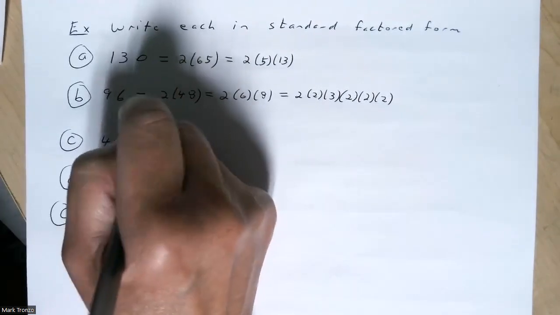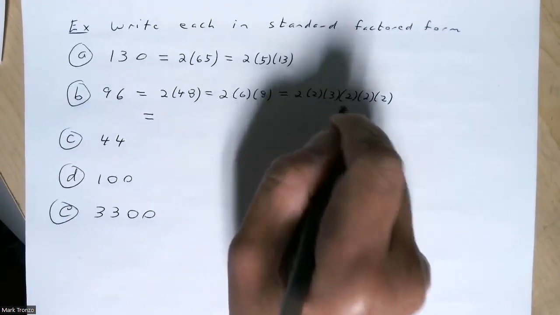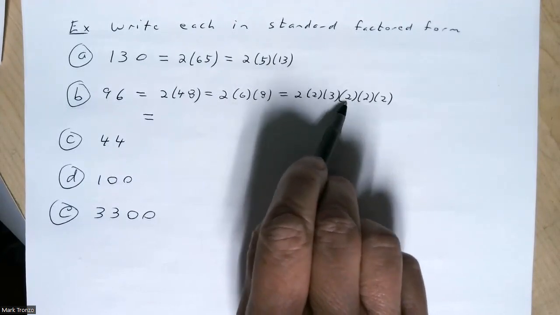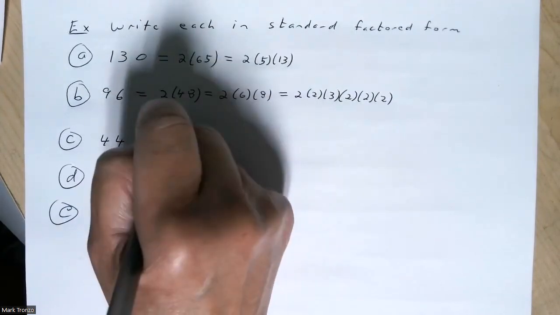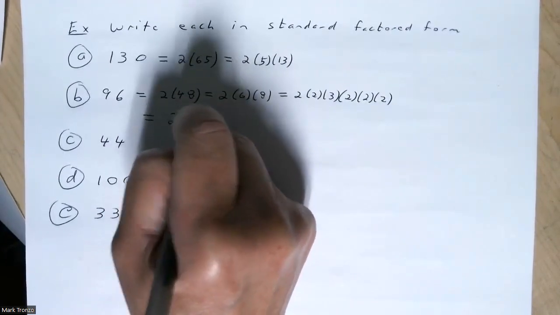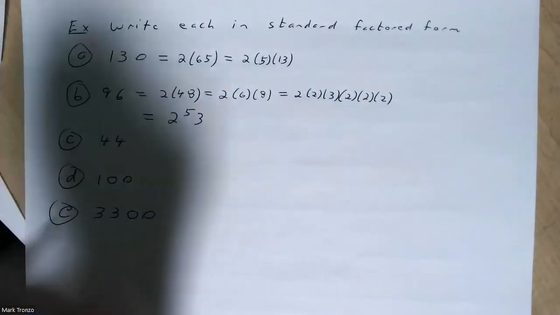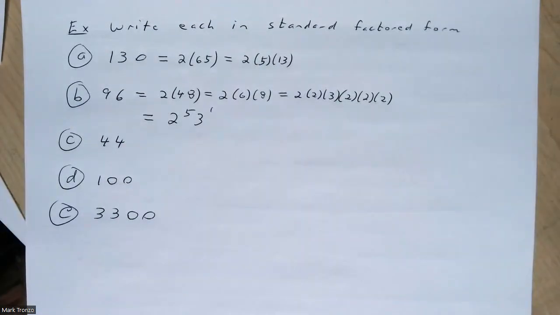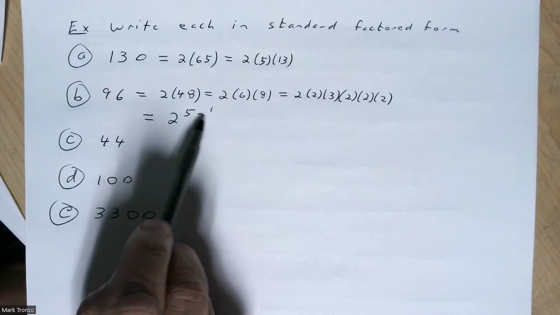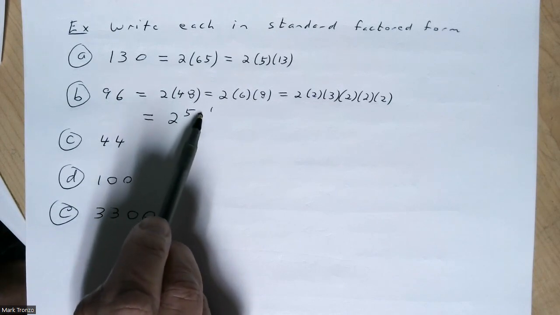And then finally put all the common primes together to a power. So let's see, we have 1, 2, 3, 4, 5 2s. 2 to the 5th, and then 3 like that. Or you can write 3 to the 1st power if you want to put the power on. So again, only primes. Now, of course, the exponents don't have to be prime, though in this case they are, but they don't have to be prime.